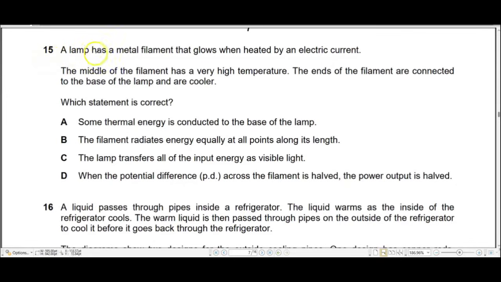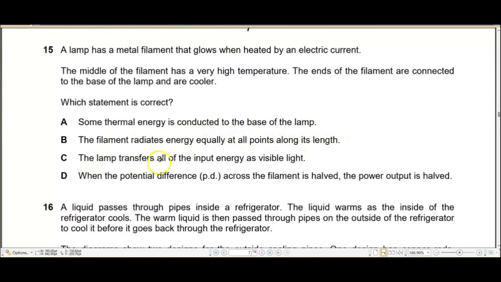Question number 15. A lamp has a metal filament that glows when heated by an electric current. The middle of the filament has a very high temperature. The ends of the filament are connected to the base of the lamp and are cooler. Which statement is correct? A, some thermal energy is conducted to the base of the lamp. B, the filament radiates energy equally at all points along its length.